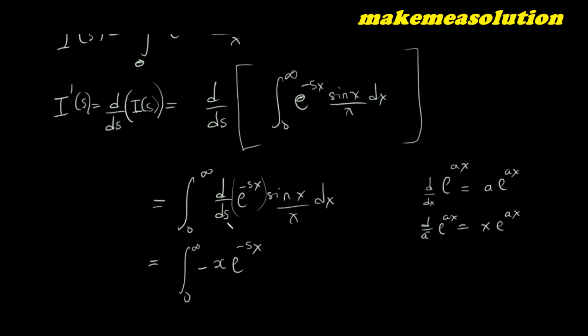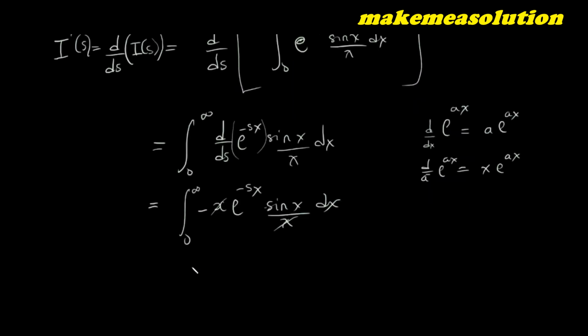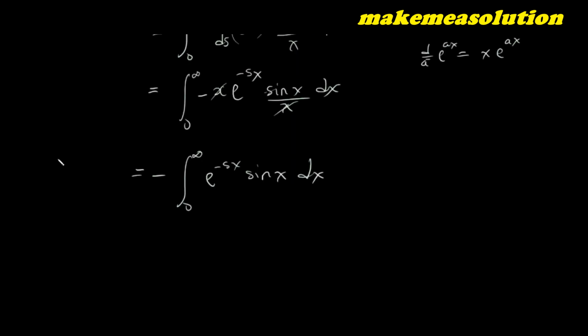We are differentiating with respect to s, so we get minus x exponential minus sx, then sine x over x dx. At this point x cancels out, so we now have minus integral from 0 to infinity of exponential minus sx sine x dx. Is that okay? This is my I prime of s.